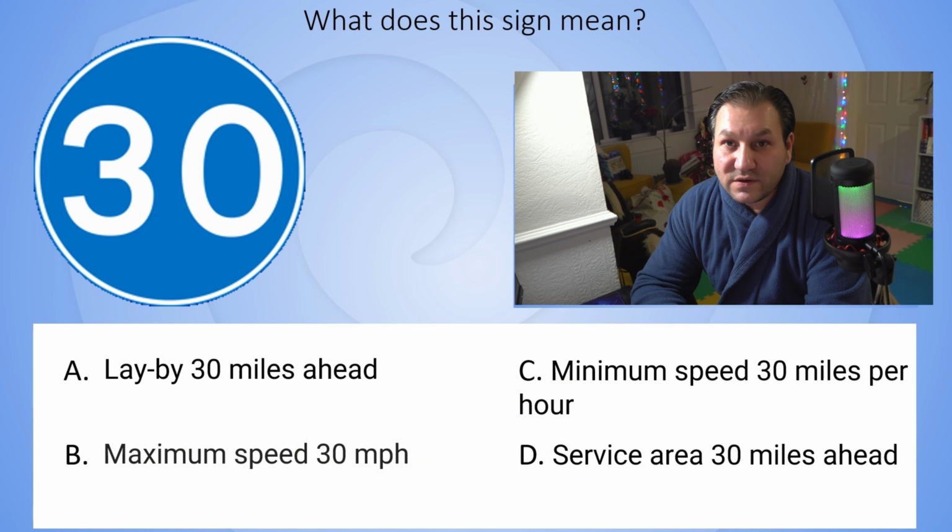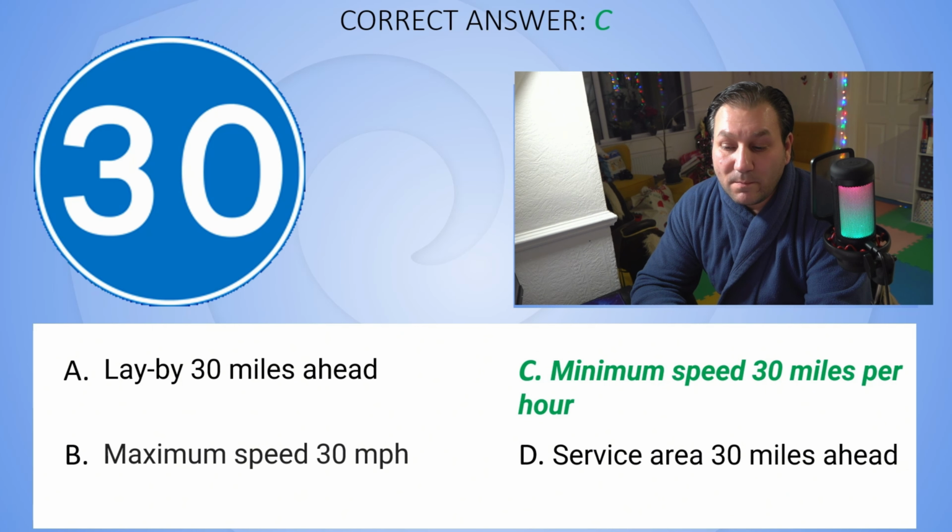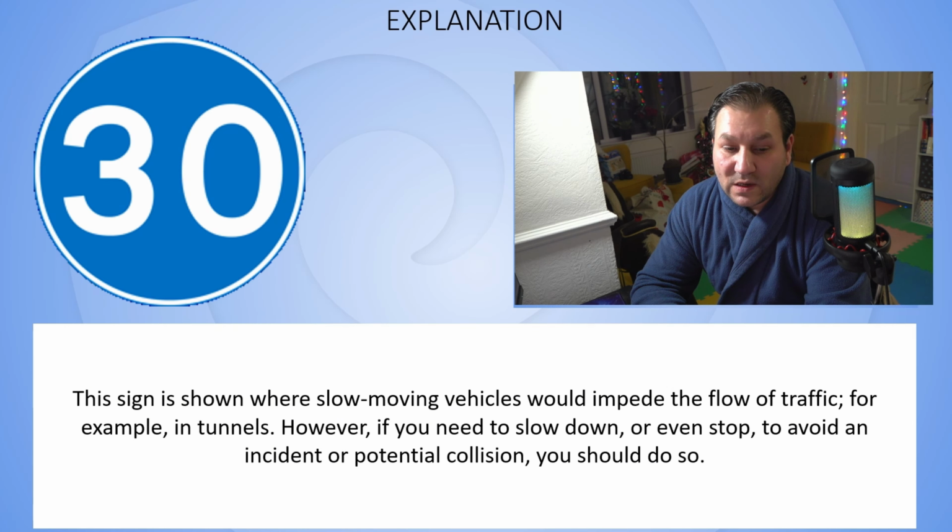The correct answer is C. Minimum speed 30 miles per hour. Explanation. This sign is shown where slow-moving vehicles would impede the flow of traffic, for example in tunnels. However, if you need to slow down or even stop to avoid an incident or potential collision, you should do so.